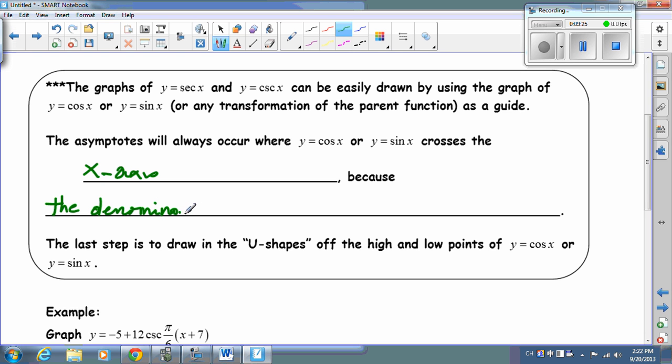The denominator should not be equal to 0. Now, the last step is to draw, of course, the U-shape of the high and low points of y equals cosine x or sine x.